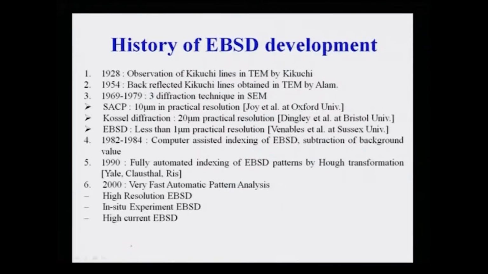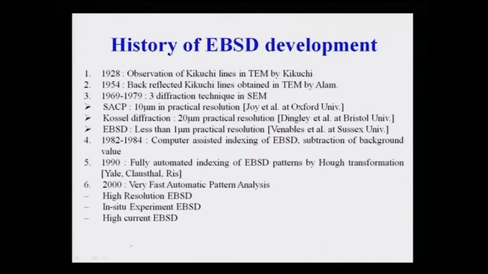1980 to 1984 saw the extensive use of computers in indexing EBSD patterns, and from 1990 onwards we have fully automated EBSD systems with Hough transformation possible. Again, major contributions came from the University of Yale, the University of Tromso and Reese. From 2000 onwards, in the 21st century, we have very fast automatic pattern analysis systems.